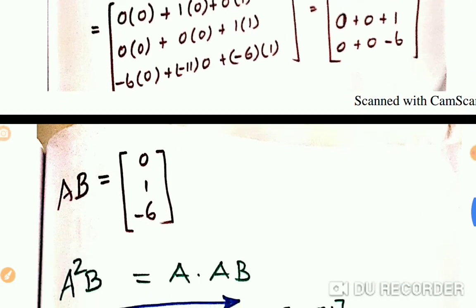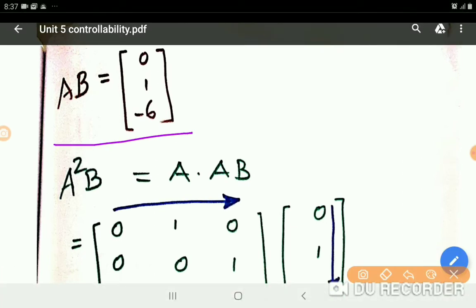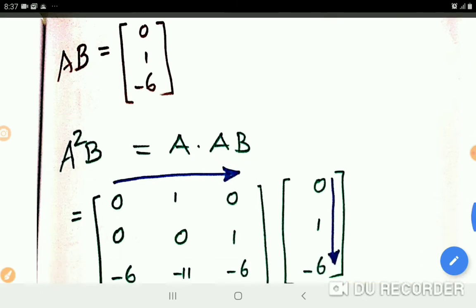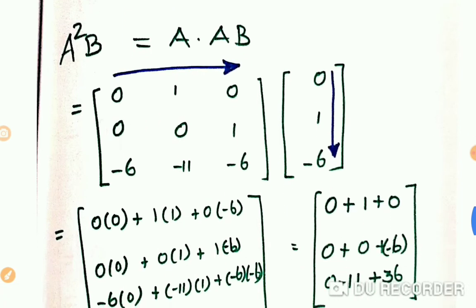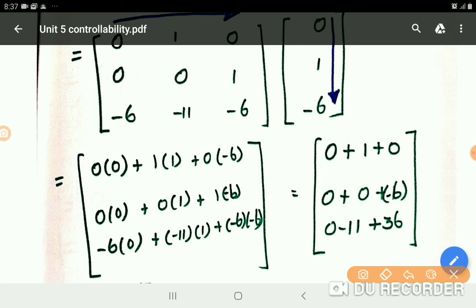This is our AB matrix. Then we need to find A square B. So simply we can do this as A into AB. We know the A matrix, and it is multiplied with the AB matrix.